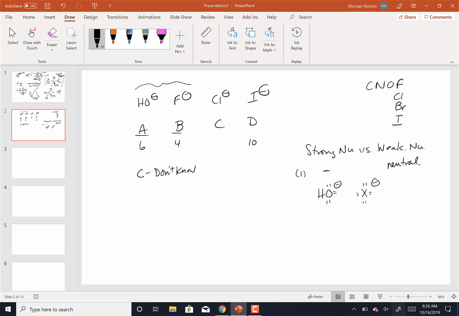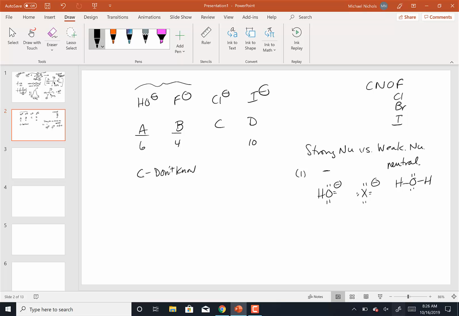Are there neutral molecules that have atoms that are electron rich? Yes. The first one is water. The oxygen in water has 2 lone pairs. Water can donate its lone pairs, and so it's a nucleophile. But we're going to consider it a weak nucleophile because it doesn't have a negative charge. So when you have a negative charge, you're a strong nucleophile; when you're neutral, like water, you're weak.